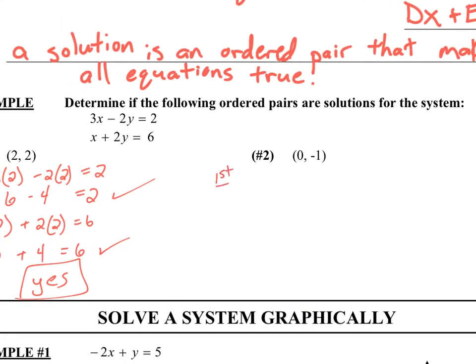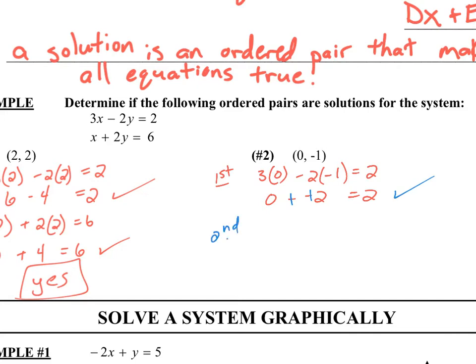The second problem, take the first equation, 3 times 0 minus 2 times negative 1. Does that equal 2? So 0 minus negative 2. Does 0 plus 2 equal 2? Yes.